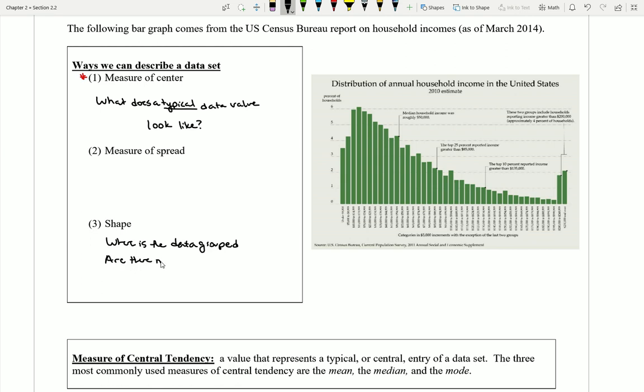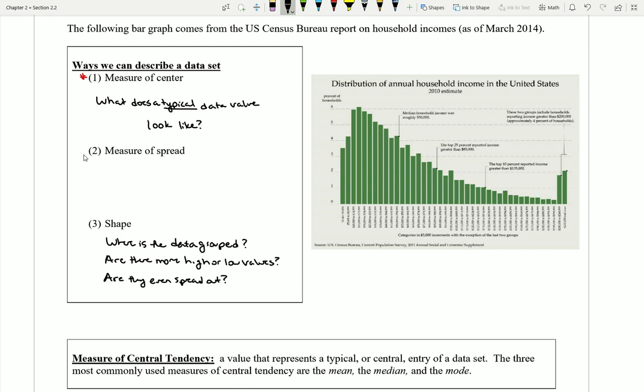Are there more high or low values in the data set as a whole? Are they evenly spread out? That is, is the data evenly spread across all the different possible values? When we talk about shape, we're asking questions like that. And that's how we come across these descriptions of uniform distributions, skewed left, skewed right, or symmetrical.